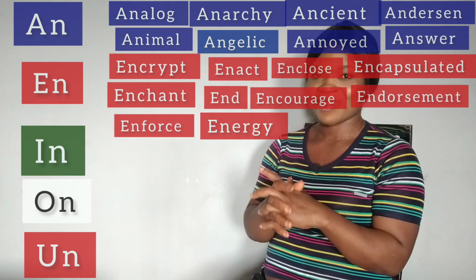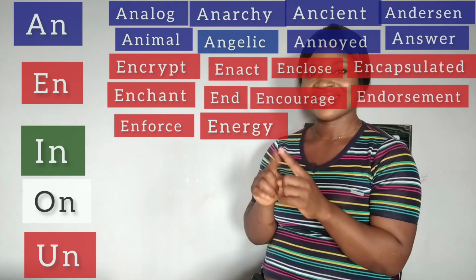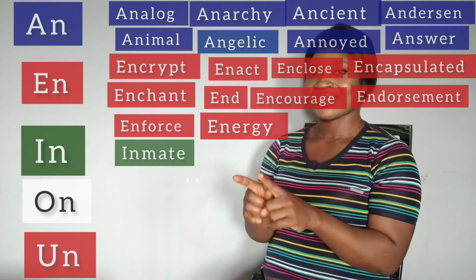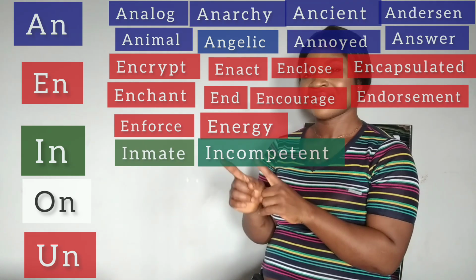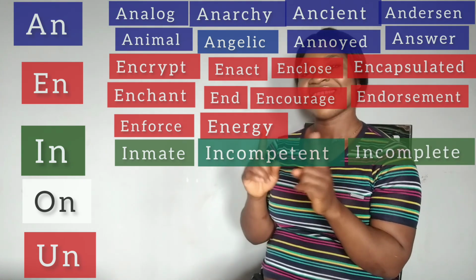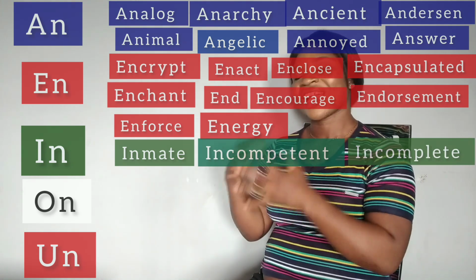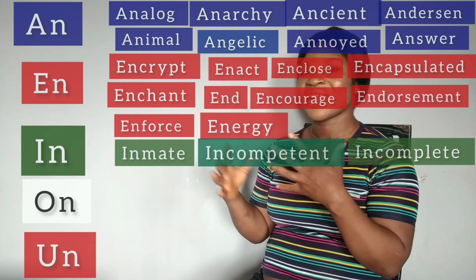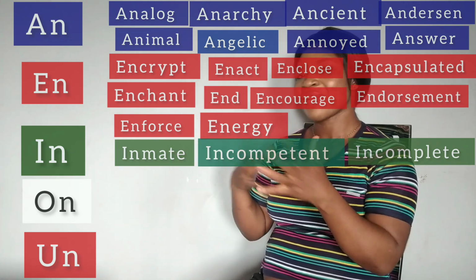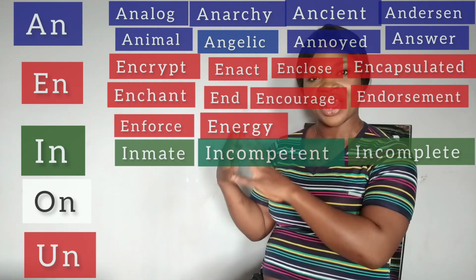So let's see the next one. The in: inmate, incompetent, incomplete. So everything falls under the in. So you can add yours there. We have inmate, incompetent, incomplete, important. Just add yours, okay?